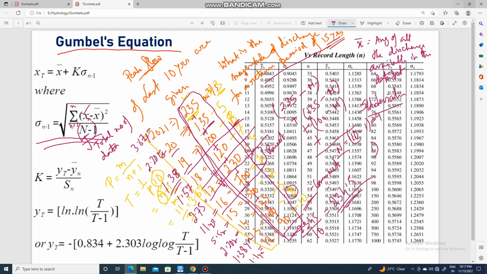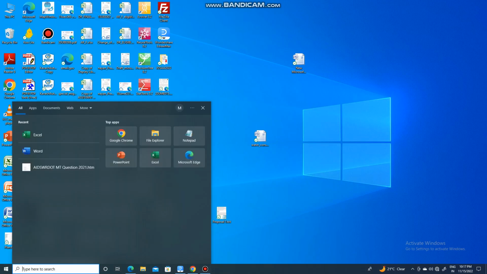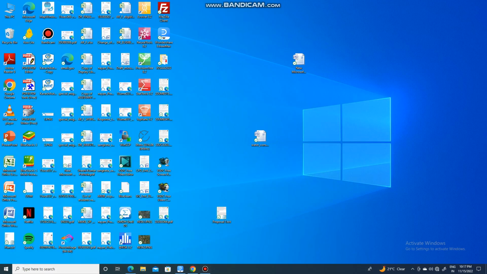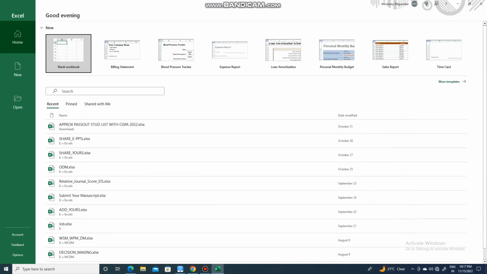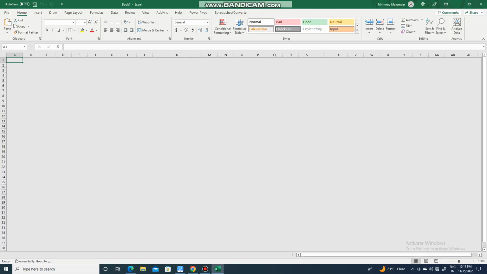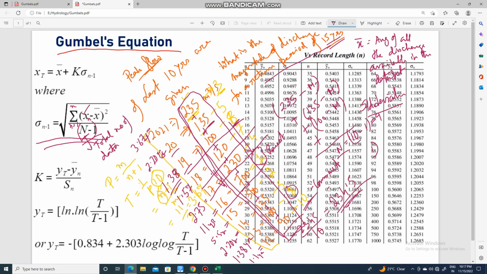In Excel there is a ready-made formula for finding the standard deviation of any data set. So for time constraint, I will use that formula here. But for solving numerical problems, you have to apply the formula that I have shown you to find the standard deviation.